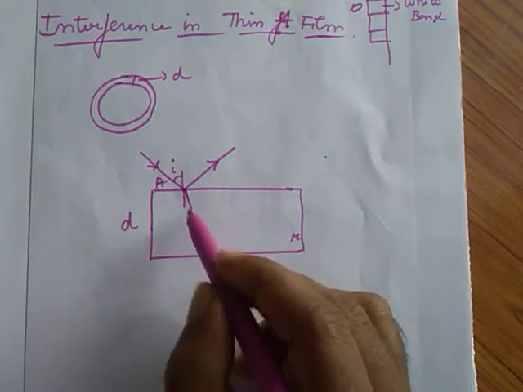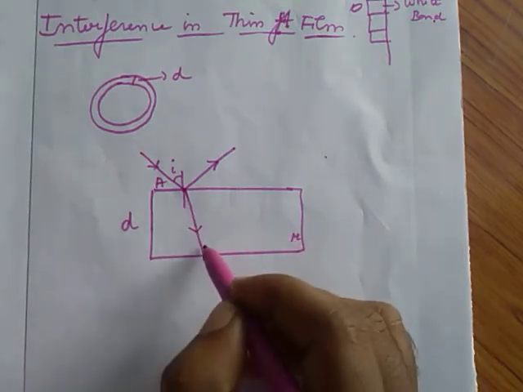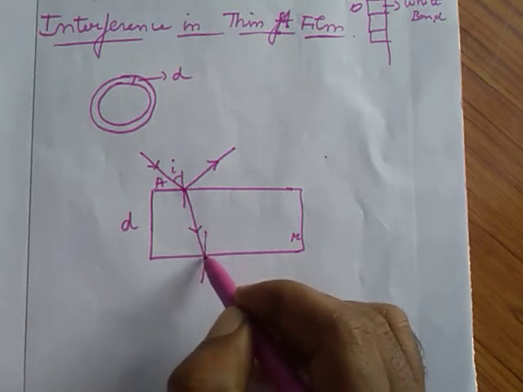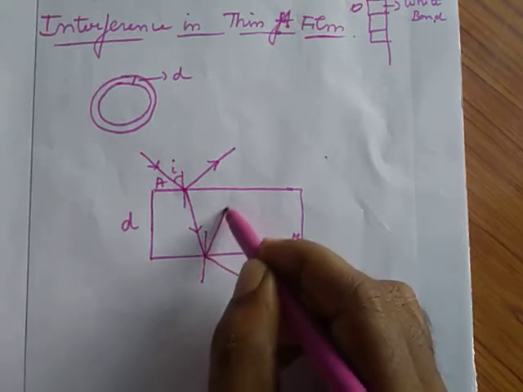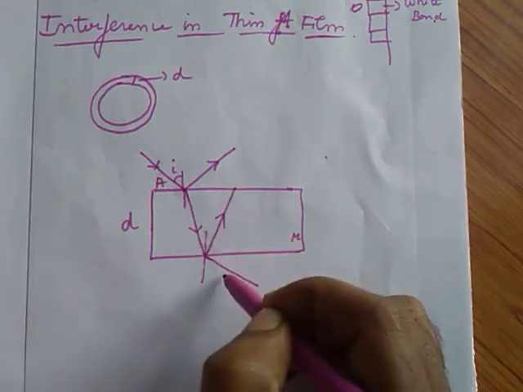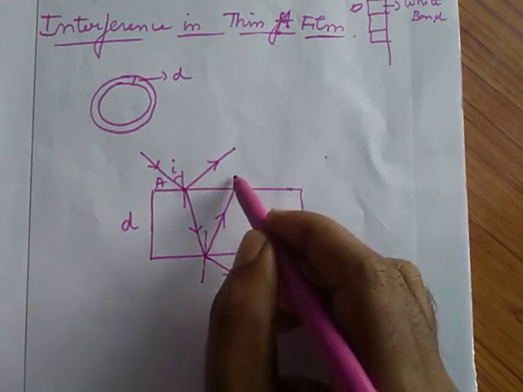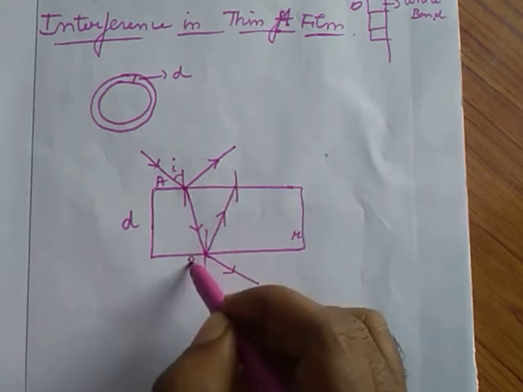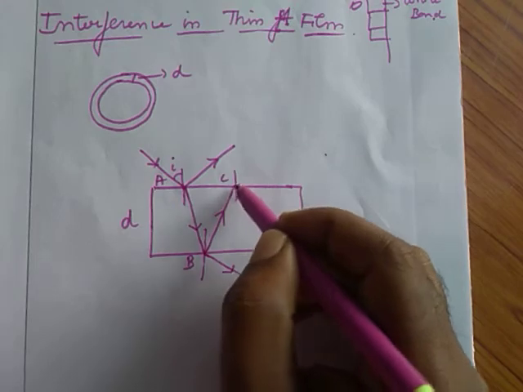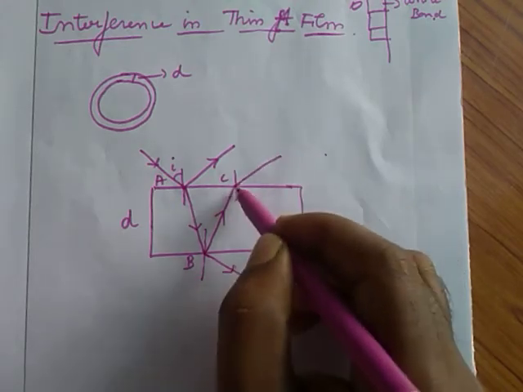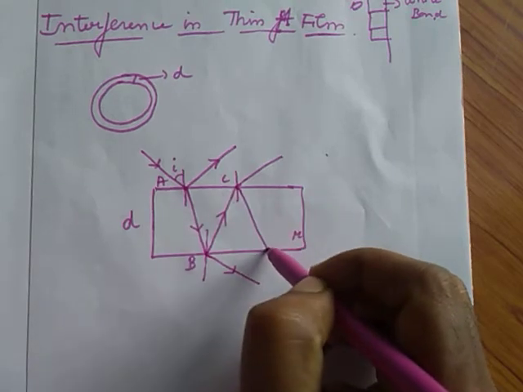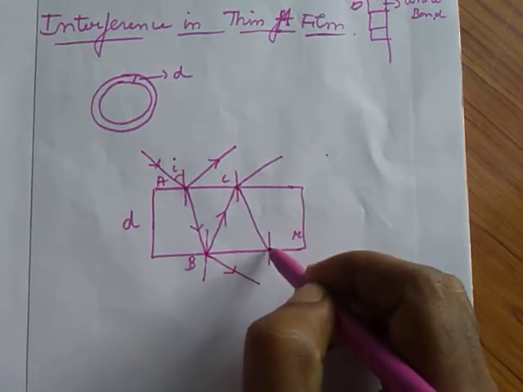Then the refracted ray in the denser medium will refract away from the normal and also reflect inside the same medium. At the point C, it will be refracted and also reflected.